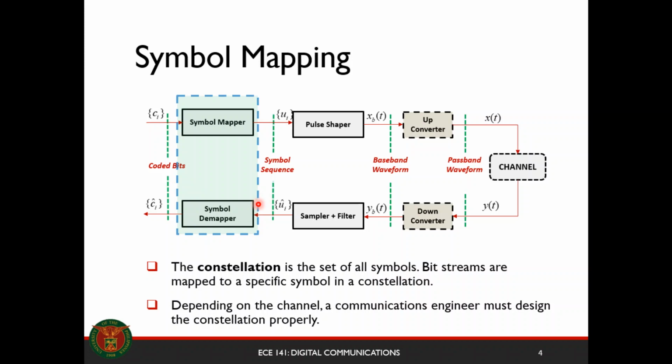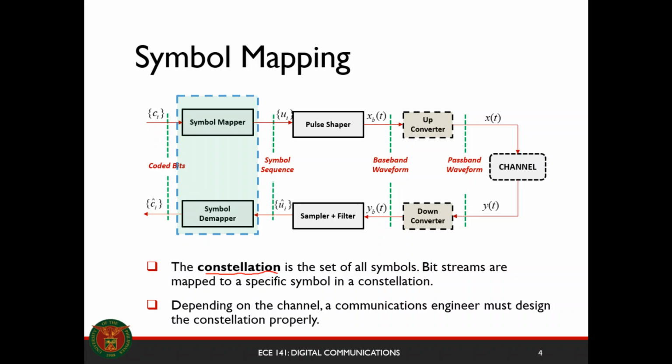And the different combinations of bits have different symbols. This set of symbols creates what we call the constellation. So it's the set of all symbols, where a specific group of bits maps to a specific symbol, and that forms what we call a constellation.